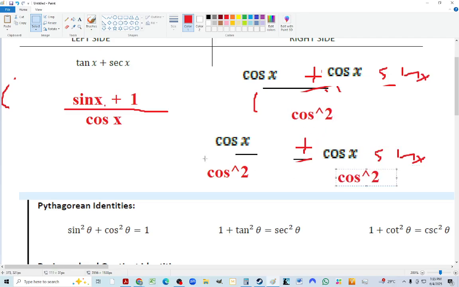Here it's quite clear that one of the coses cancels and I'm left with 1 over cos x. Here it's clear that one of the coses cancels and I'm left with sine over cos x. So I'm left with 1 over cos x plus sine x over cos x.